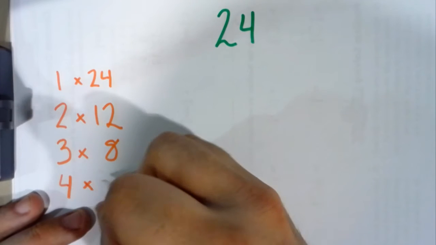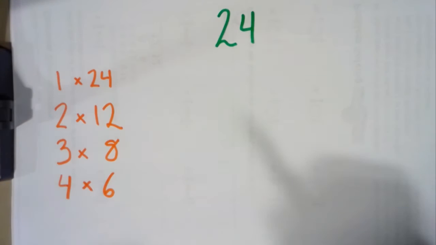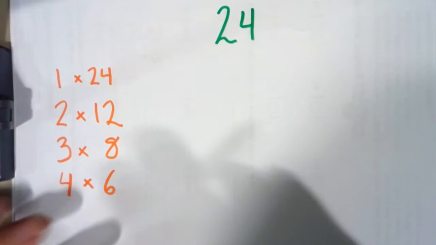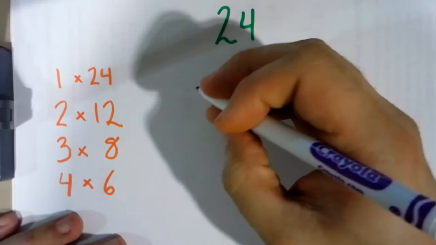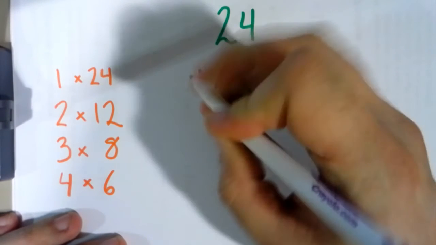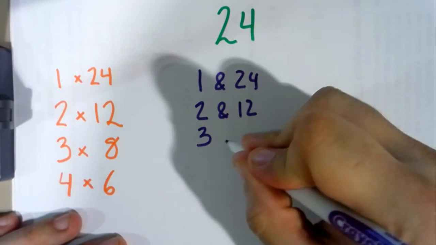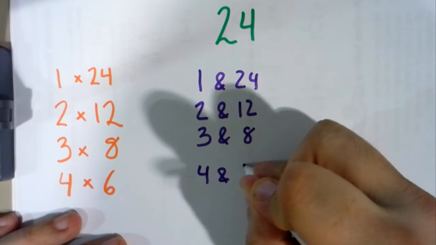And I could find 4 times 6. These numbers are the factors of 24. These equations, rather, give us 24. So while these are the equations, we'd say that the factors of 24 are 1 and 24, 2 and 12, 3 and 8, and 4 and 6.